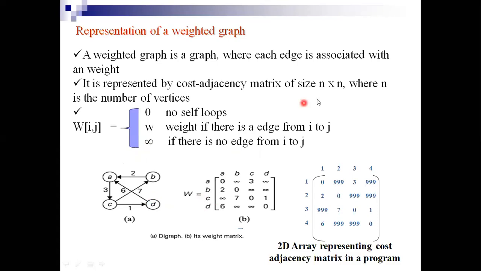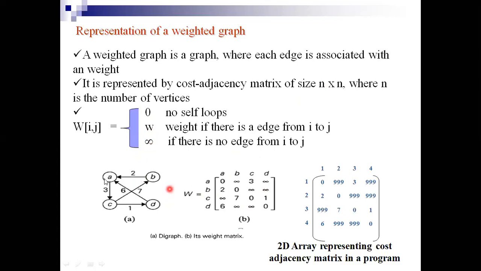It is n cross n, where n is the number of vertices. I'll name the rows with the vertices and also the columns with the vertices A, B, C, D and A, B, C, D. Respectively, I'll enter the values based on the constraints defined here. So I write 0 for no self loop, weight if there is an edge, infinity if there is no edge.